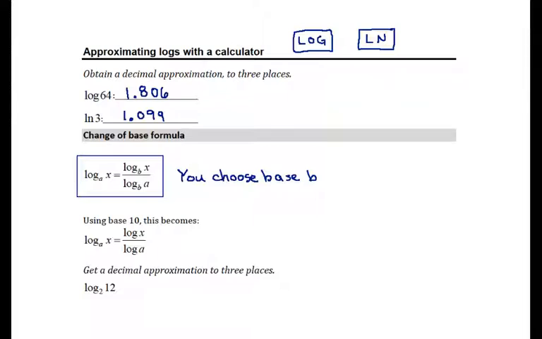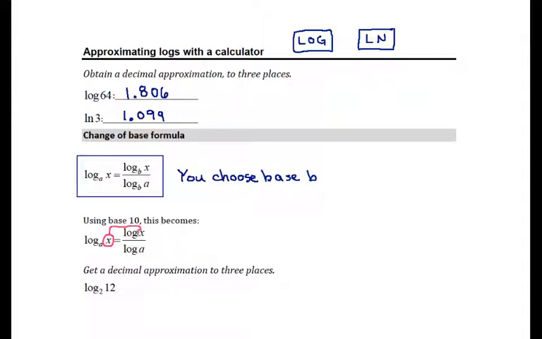So if we take base 10, for example, that's the common log, so the 10 isn't written. The way the formula ends up looking is log to base A of x equals log x over log A. It's a lot simpler than it seems like it should be, right?